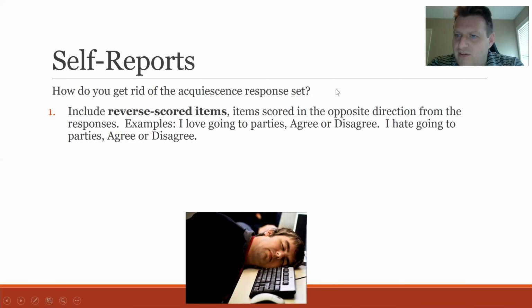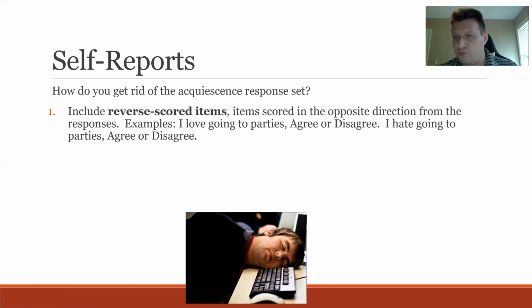If our subject is circling agree all the time, instead of having a very extreme score where they're really high on extroversion or how hardworking they are, it's going to put them smack dab in the middle if we have an equal number of reverse coded items. So they're less likely to impact our data if we include an equal number of reverse coded items.